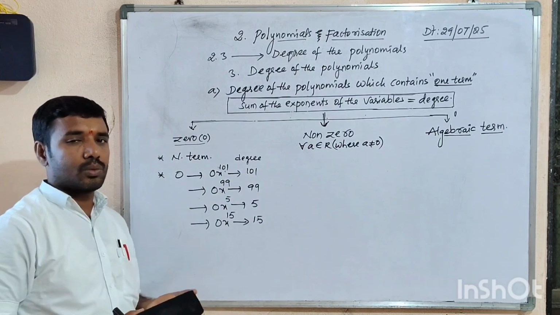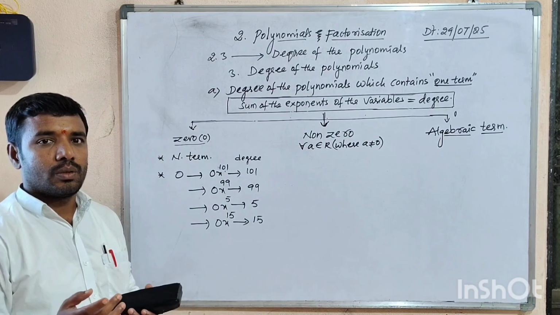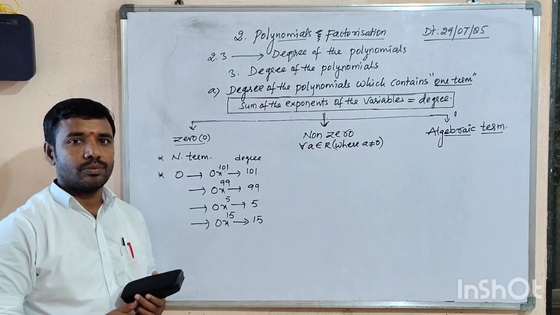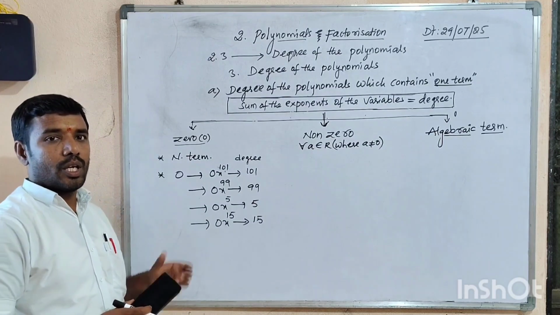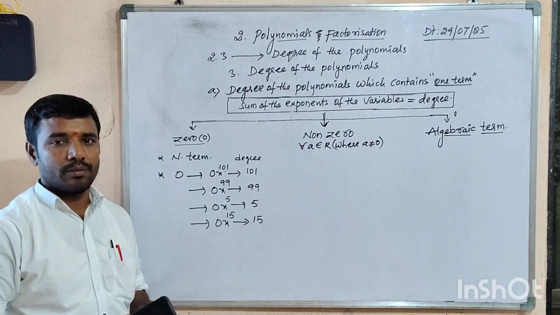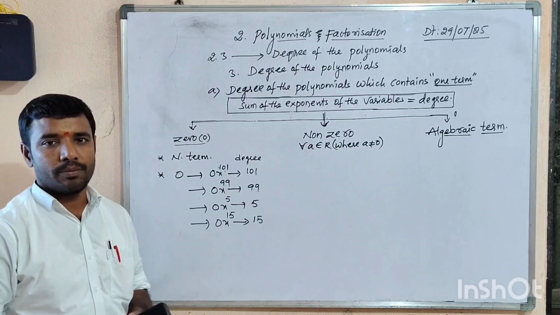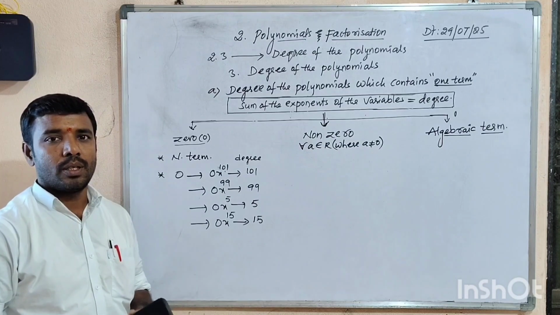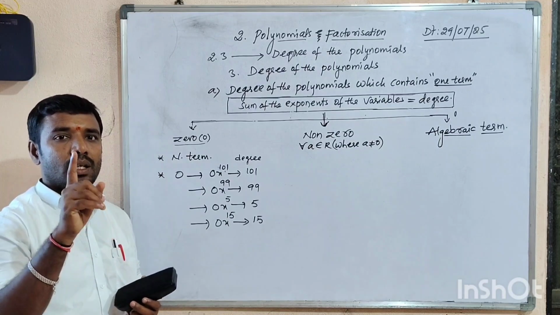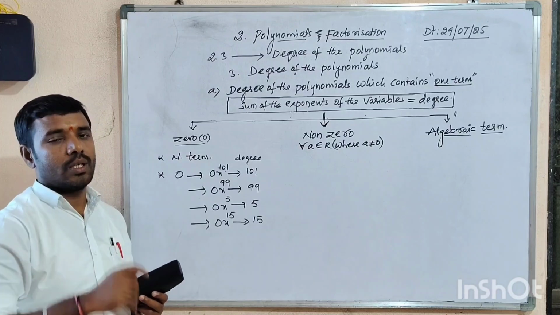If anybody asks what is the degree of 0, we cannot give one proper answer, because we can express 0 in many ways, and based on that we can answer the degree. That is correct, there is no mistake. But we cannot give one single, unique answer.